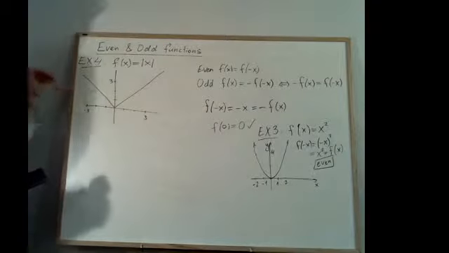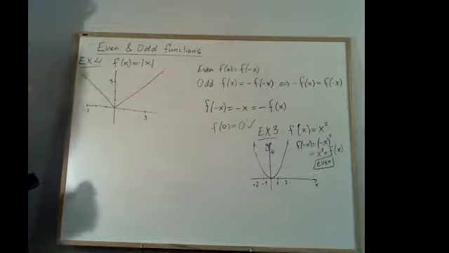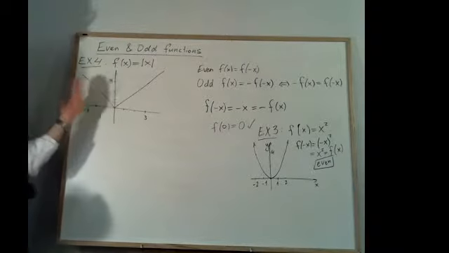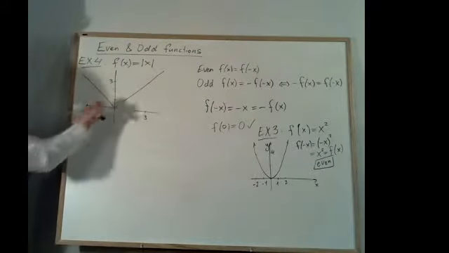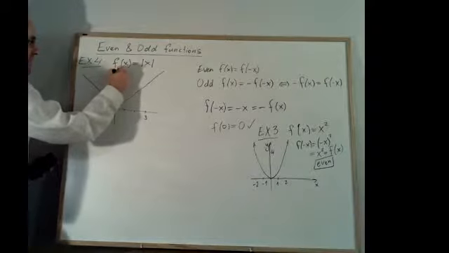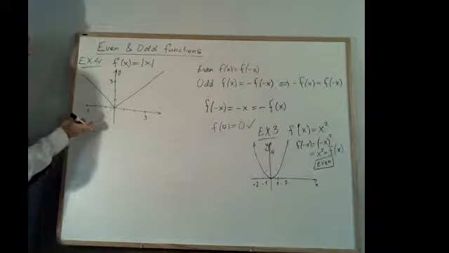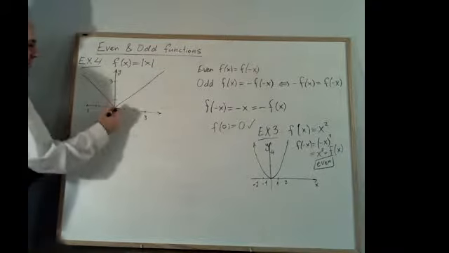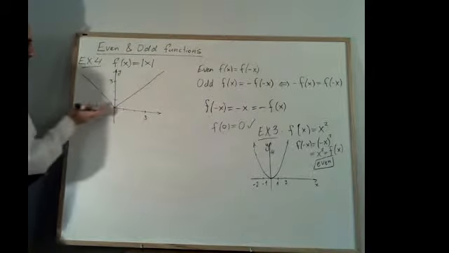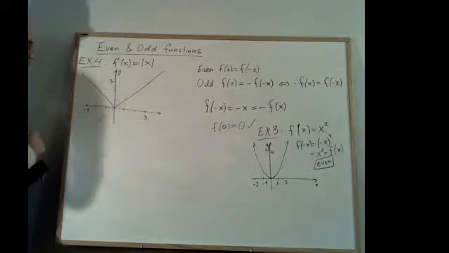So for the identity, that's odd but not even, because you can see it's not going to be symmetric if you reflect about the y-axis. That's this line here, just this line, the identity. It's not going to overlap with itself if you reflected about the y-axis.